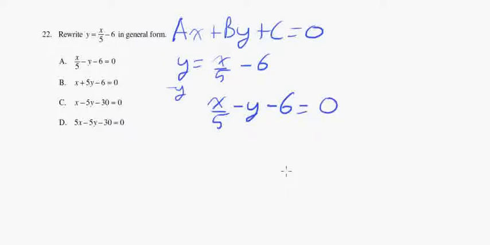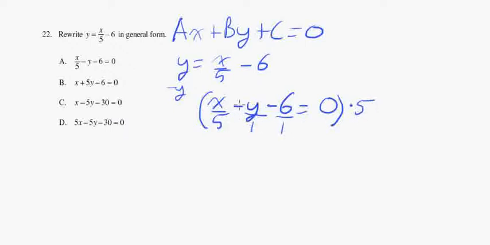Now, because we want our coefficients to be integers and not fractions, I now have to take this and multiply it by my denominator, which is 5. Technically, we should be multiplying by the lowest common multiple of all the denominators, but since these ones have denominators of 1, the lowest common multiple happens to be just 5.